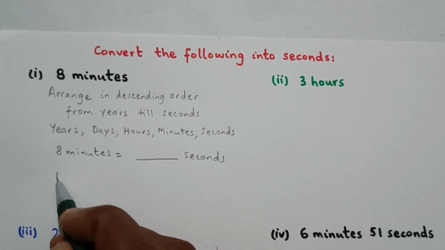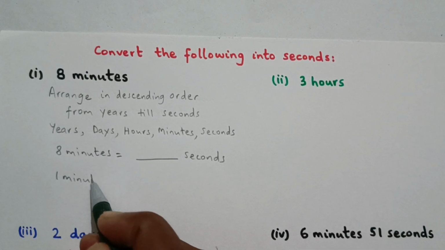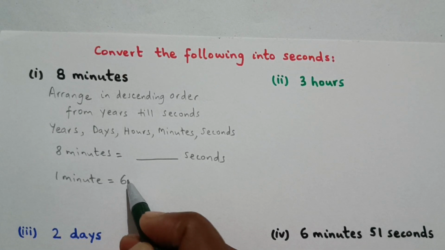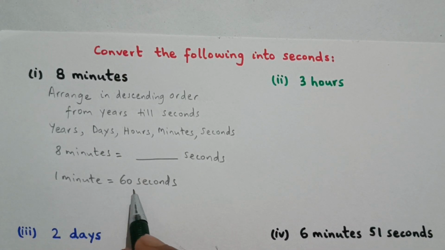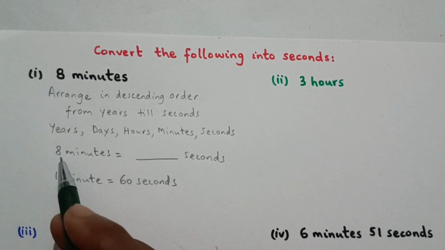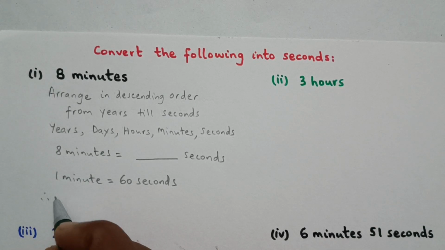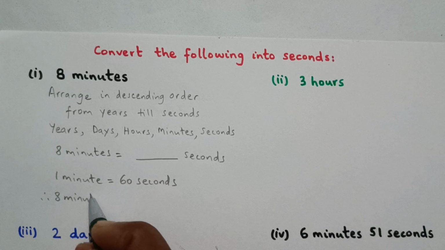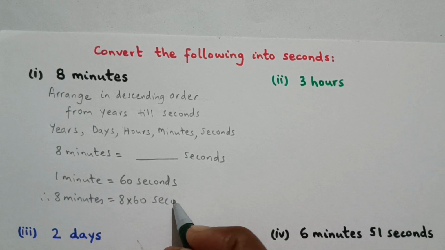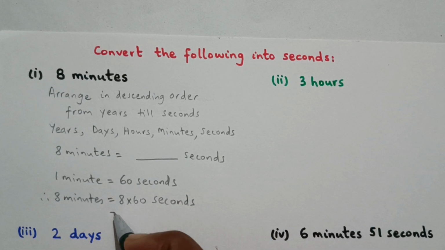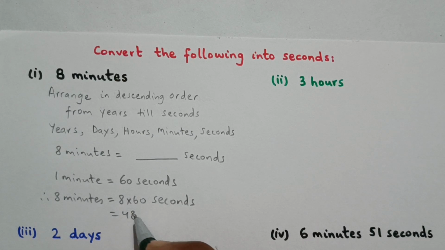So we know that 1 minute is 60 seconds. So therefore 8 minutes will be 8 into 60, this many seconds. And what is 8 into 60? 8 into 6 is 48, and then add this 0.